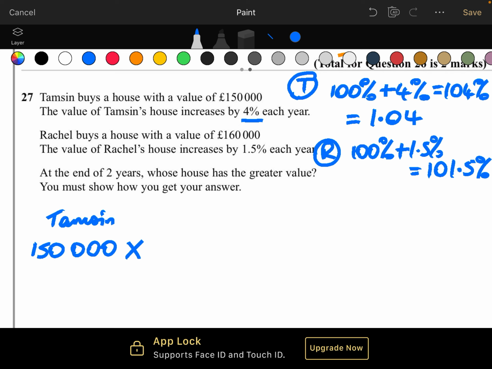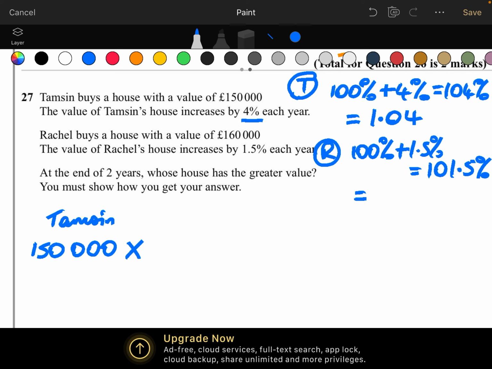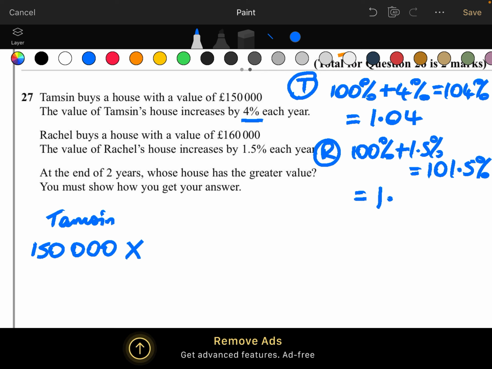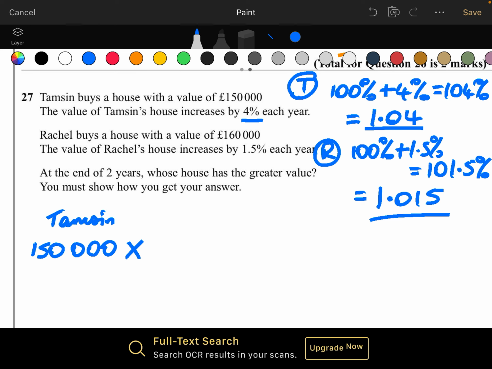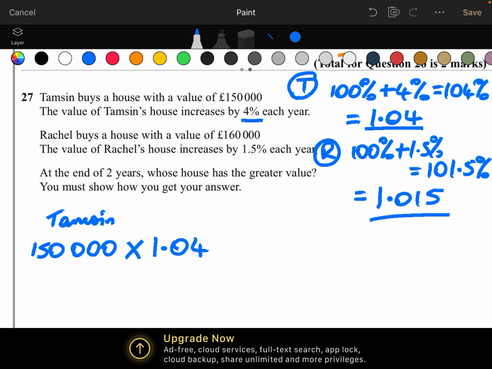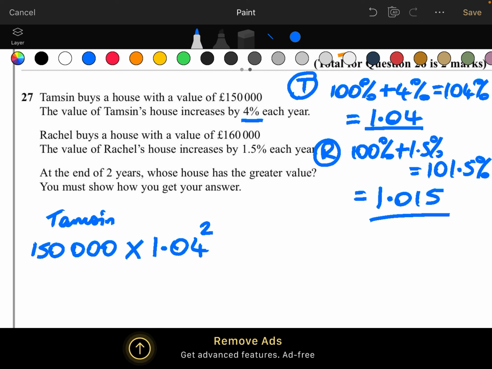Now my multiplier there, the decimal version of that, is shifting it 2 decimal places or dividing by 100, 1.015. So I've got 2 multipliers, one for Tamsin and one for Rachel. So for Tamsin, I've got 150,000 times by the multiplier 1.04, and then the number of years this increase is going to happen, which is 2, is the power.